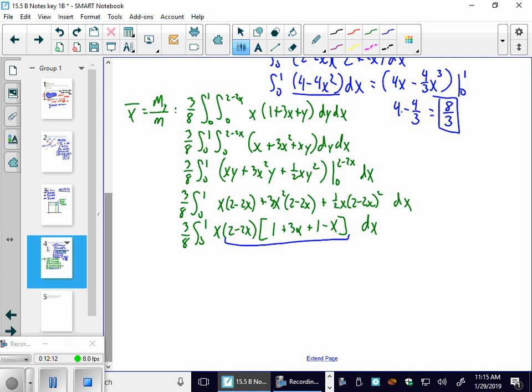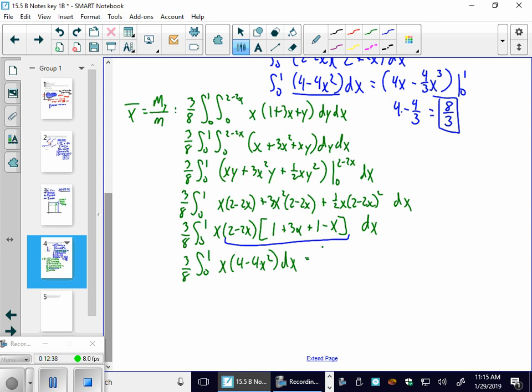So I've got 3/8 integral from 0 to 1 of x times 4 minus 4x squared, dx. I cannot guarantee that this will work for everything, but I'm thinking that it might. You might want to check that as you're going through some of these problems and see if this is the kind of thing that happens.